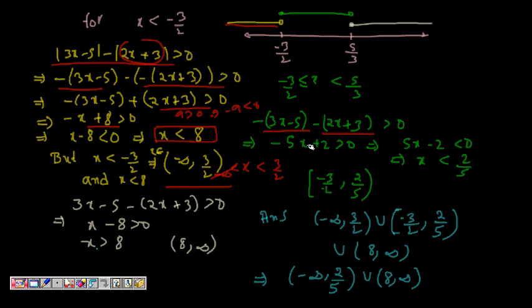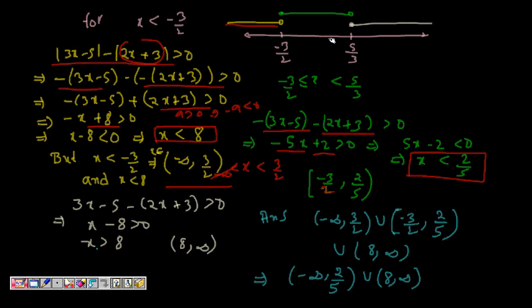So what it becomes, minus 5x plus 2, so minus 3x minus 2x is minus 5x plus 5 minus 3. So this is the case, so 5x minus 2 is less than 0 or x is less than 2 by 5, okay. So this is the constraint we get in the second part, and also we know that x should be greater than or equal to minus 3 by 2. So for this one it is minus 3 by 2 to 2 by 5.